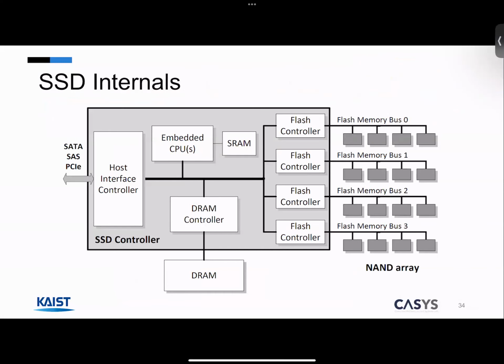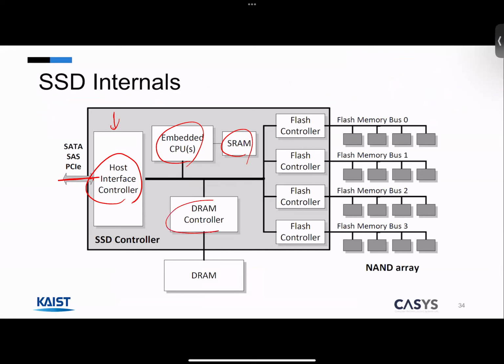So this is a logical diagram of the SSD internals. The host interface controller sends data using DMA operations, port-mapped IO operations and interrupts; all these interface functionalities are implemented in the host interface controller. There's an embedded CPU, as I said, and a small SRAM, which performs the translation operation.